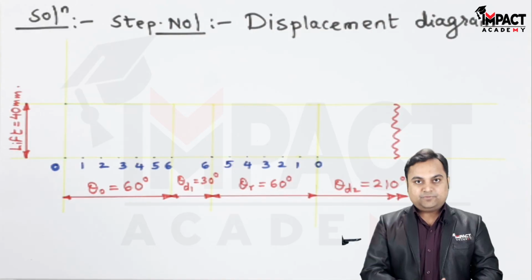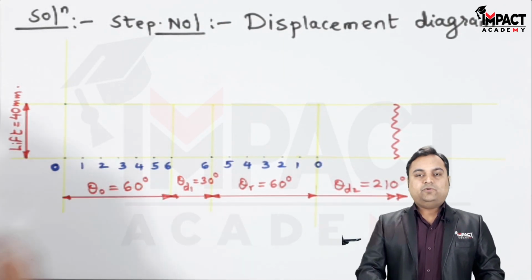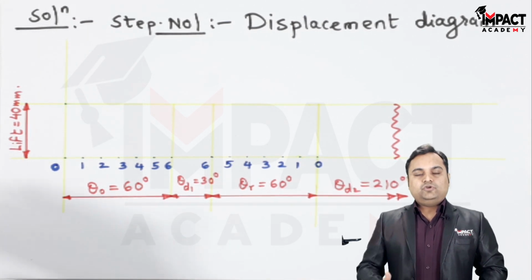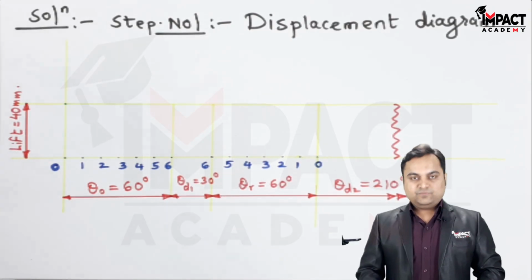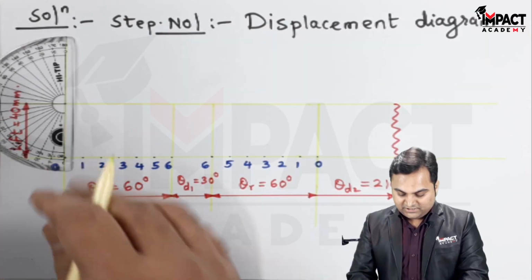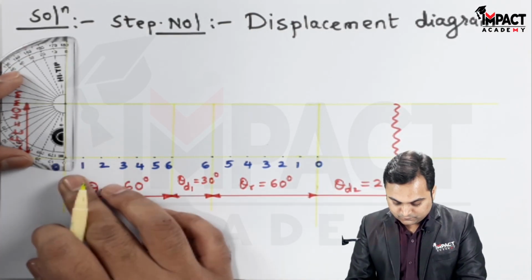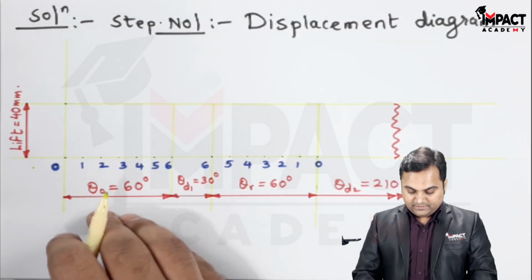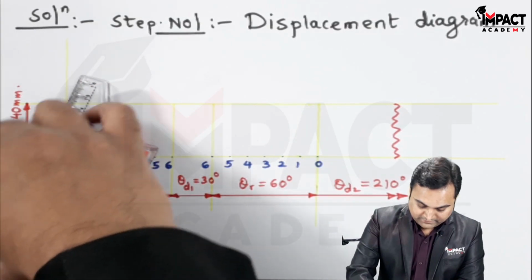For that I am using the procedure that if we divide 40 by 6, we are going to get the value in the form of decimal. So when you are getting the value in decimal, it is better to divide it in such a way which I am showing here. So keep the protractor, measure an acute angle between 15 to 20 degrees. I am taking it as 20, and then draw a light line passing through it.